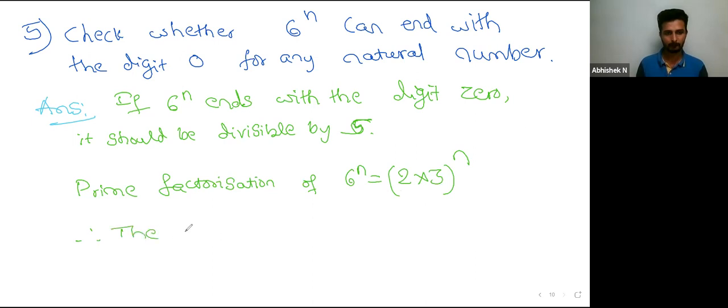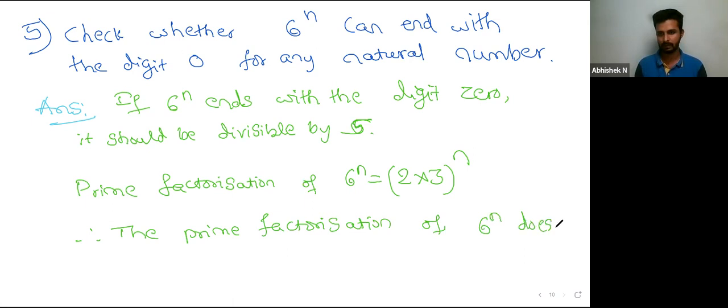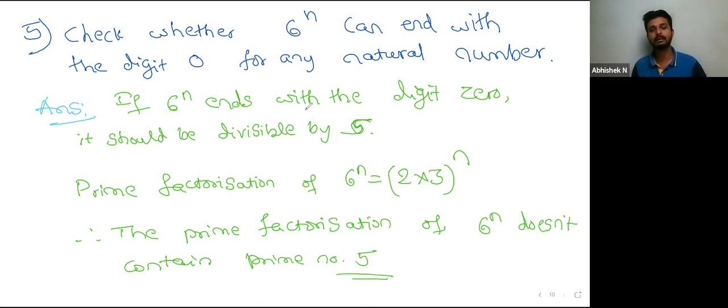Therefore, the factorization of 6 to the power n doesn't contain the prime number 5. If it had contained 5, then we could say that 6 to the power n can end with the digit 0, as I said in the previous problem.